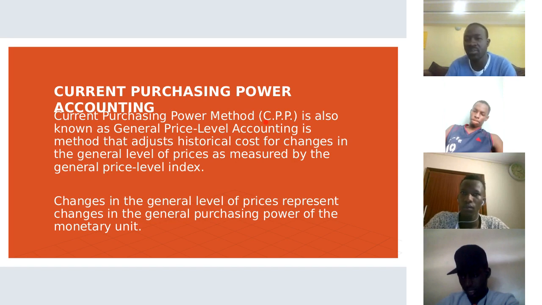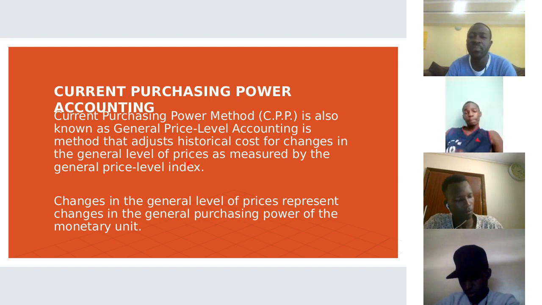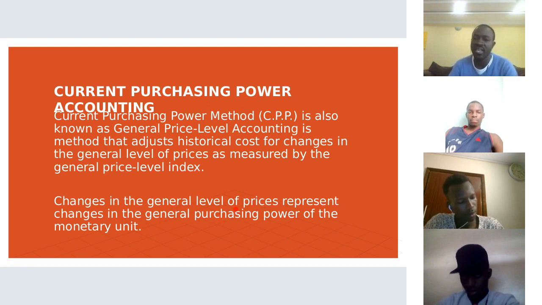So in some books, they abbreviate it with CPPA, in some books, CPPP. Now, it is also known as the general price level accounting, and it is just a method that adjusts the historical cost for changes in the general price level as measured by the general price index.